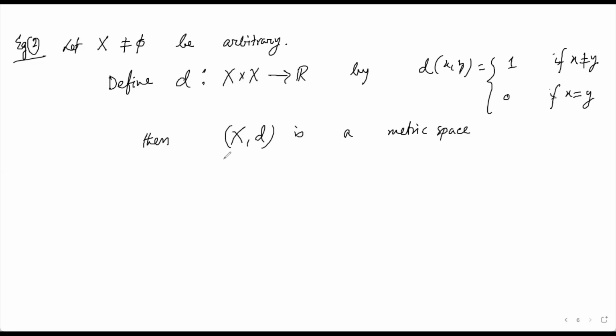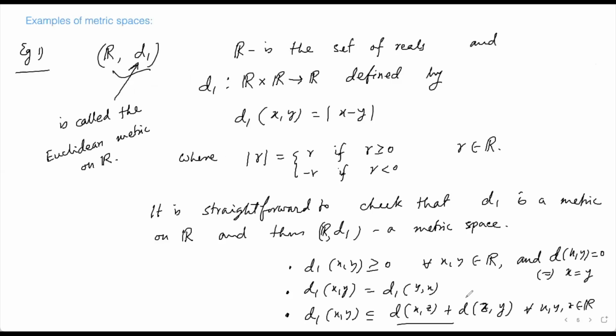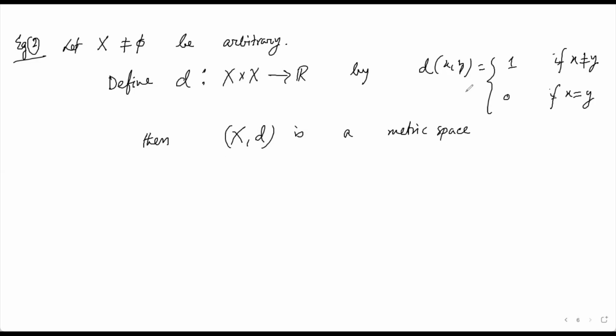Again here, one needs to check these three conditions, and by the definition of d it is straightforward to check. For example, for the first axiom, d(x, y) is either 0 or 1. So 0 when x equal to y and 1 when x not equal to y.